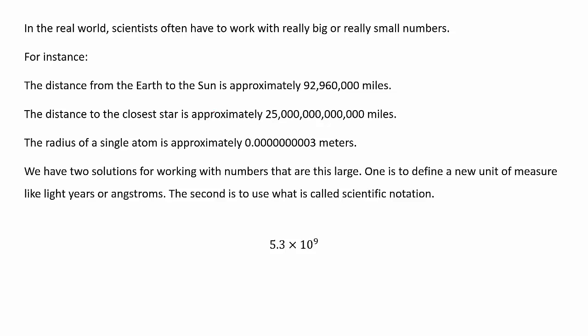What scientific notation does is it takes the numbers that are at the front here, and we still have those. They'll just be written right here. And then we put times 10 to the power, and this power is basically telling us how many zeros we have. In order to be in proper scientific notation, the number at the front will always be between 1 and 10.